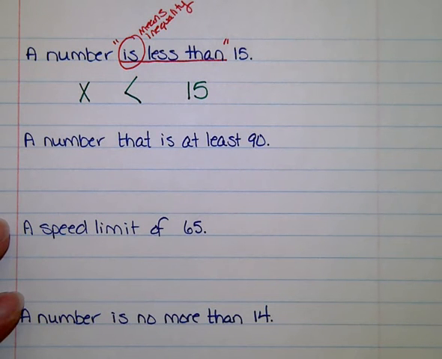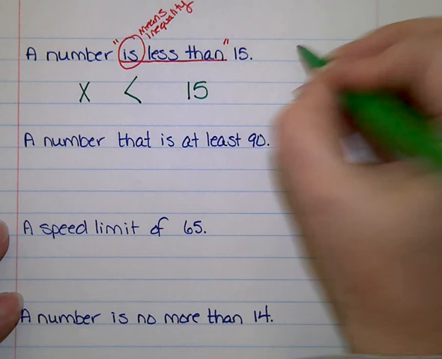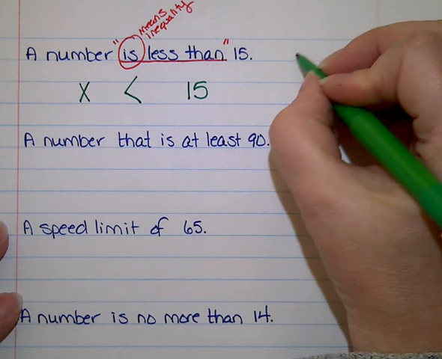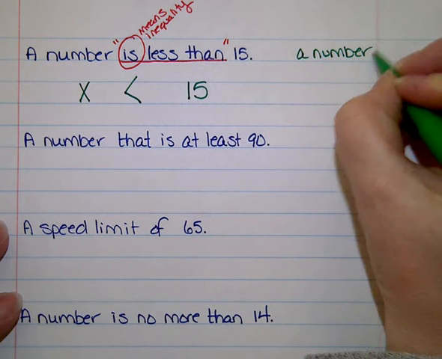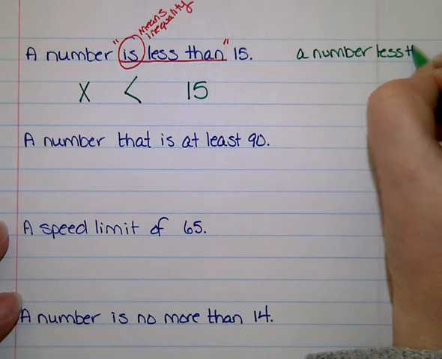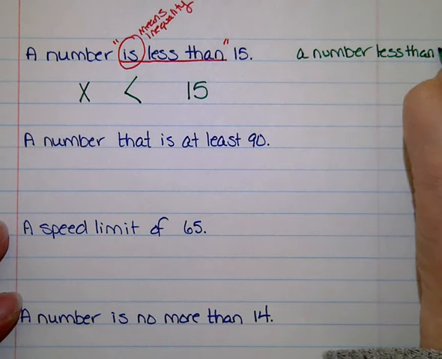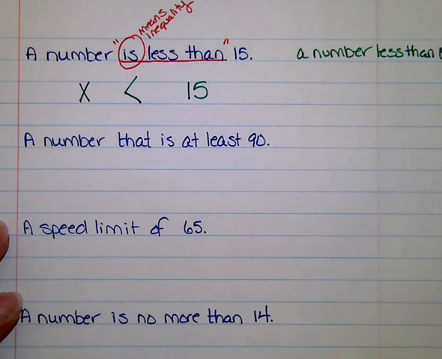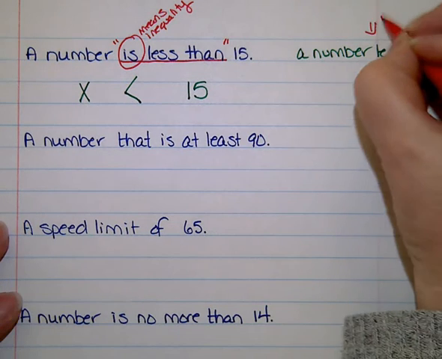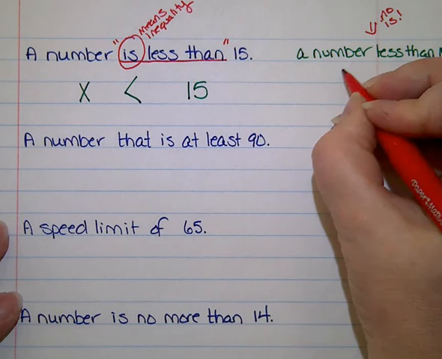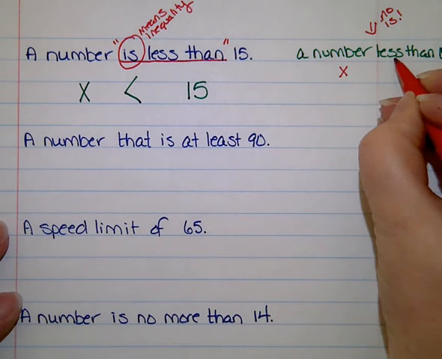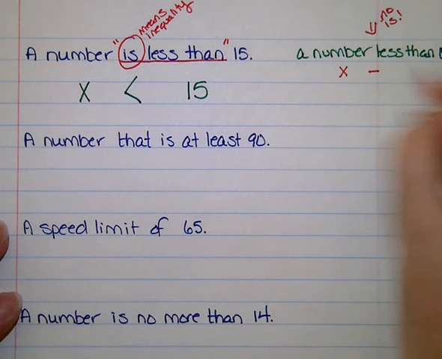Be very careful not to confuse that with a number less than 15. Notice there is no is here. So this is not an inequality. A number, there's our x, less, that means subtract, 15.